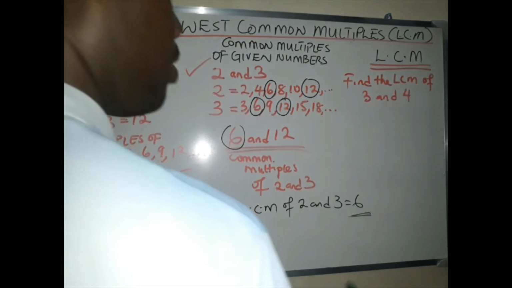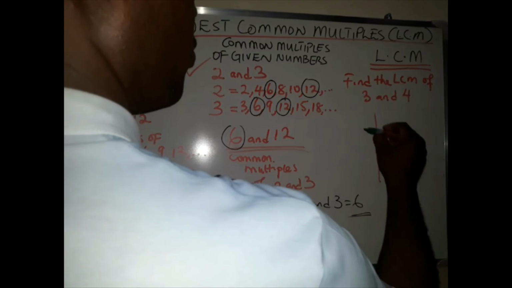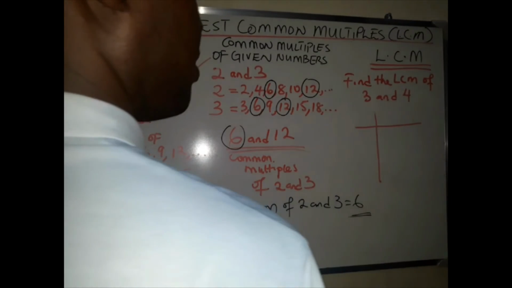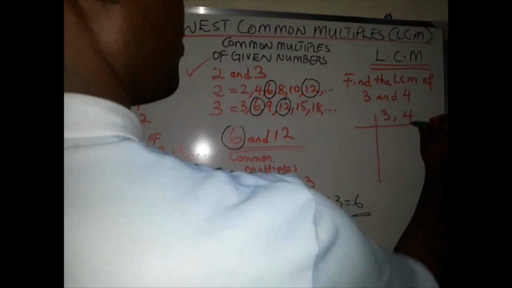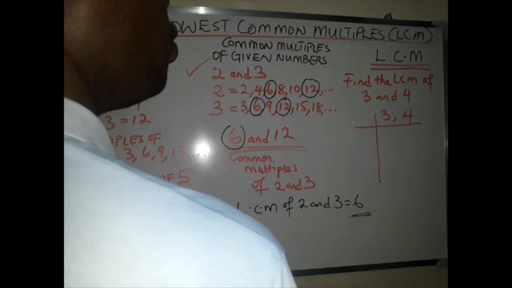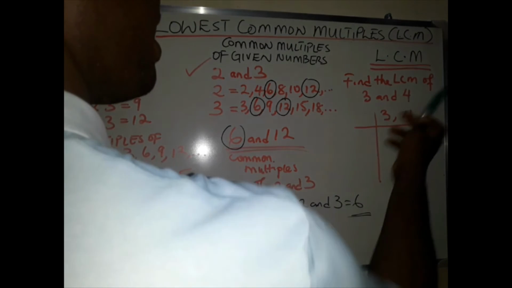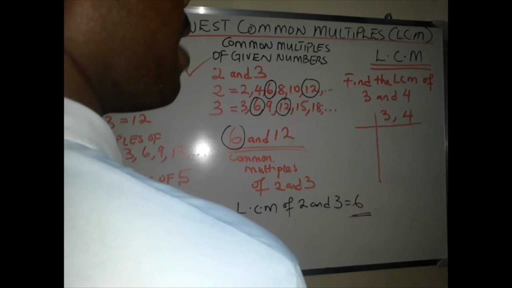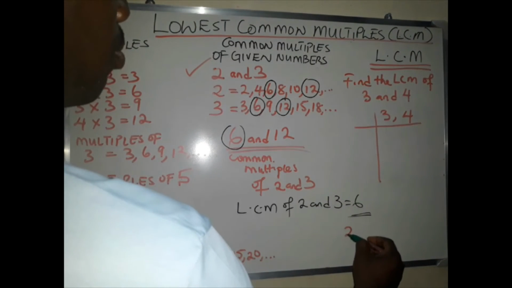Now, the first thing you do when solving with this method is to create a table like this, and then you write the given numbers there, 3 and 4. What you're expected to do is to use prime factors to completely divide these numbers until you cannot divide them anymore.